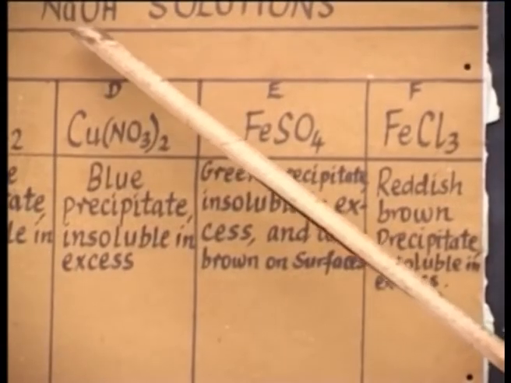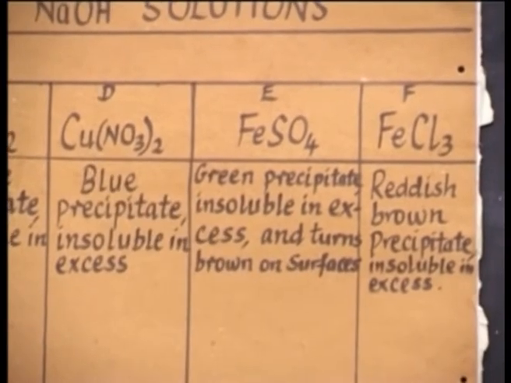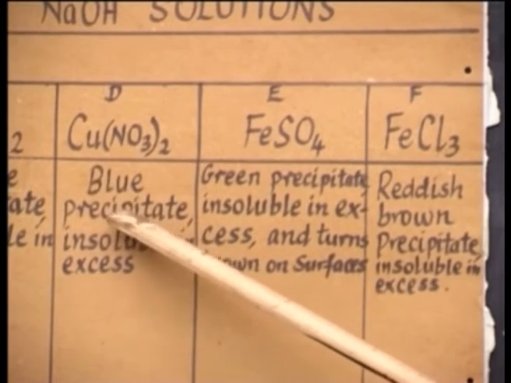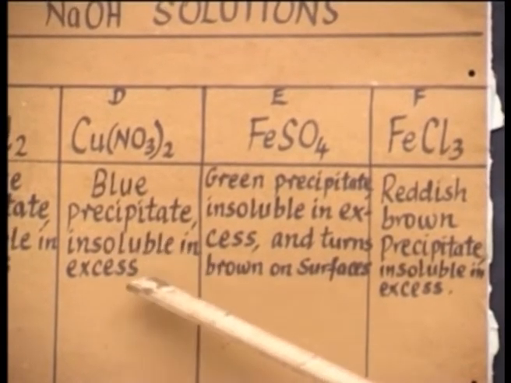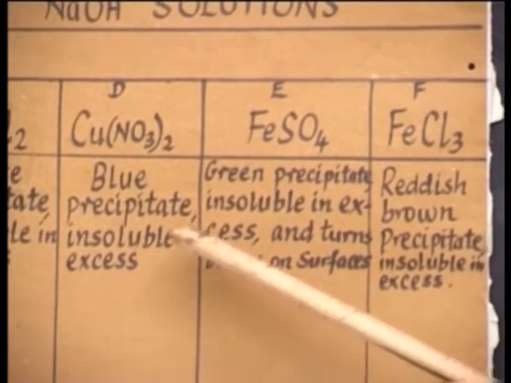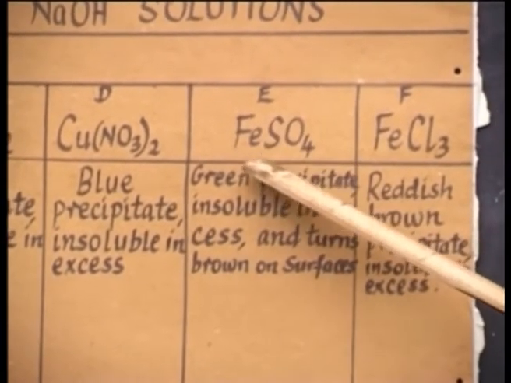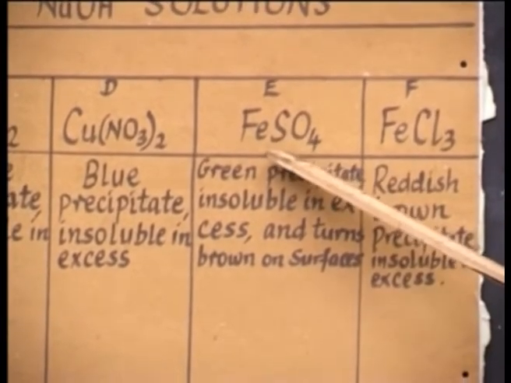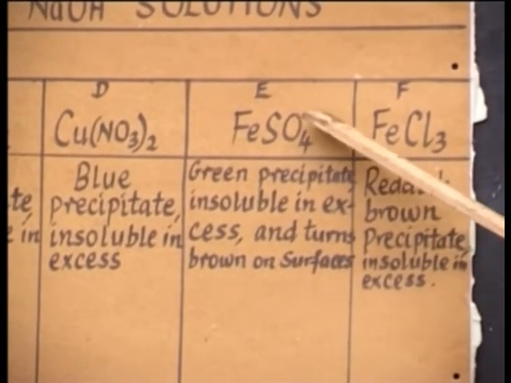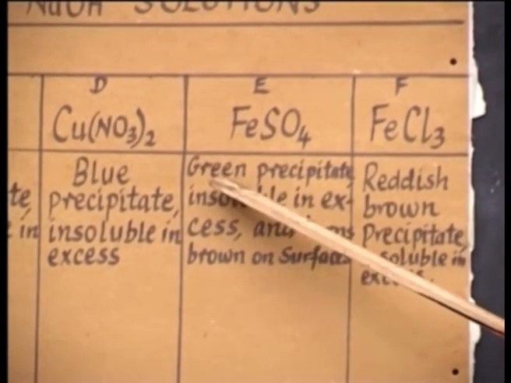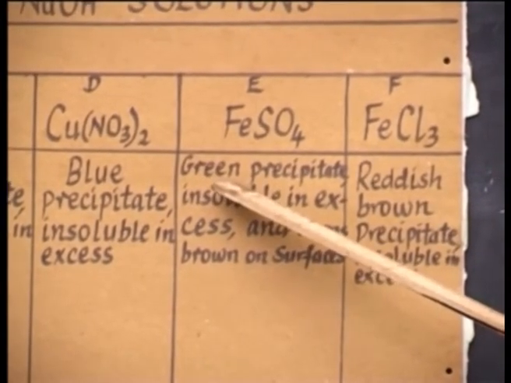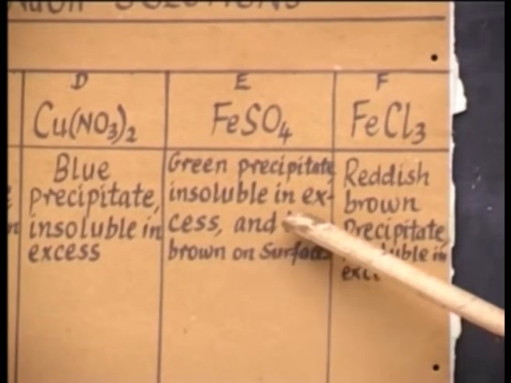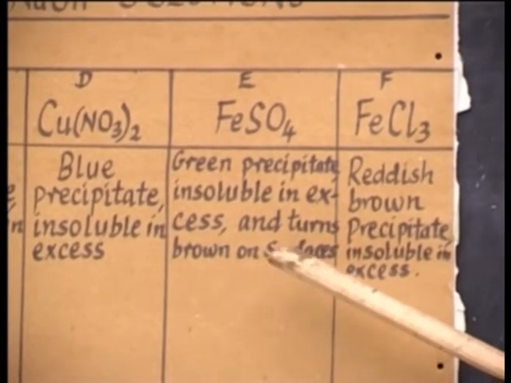When you add sodium hydroxide to copper nitrate solution, there is a formation of blue precipitate insoluble in excess. In addition of sodium hydroxide to iron 2 sulfate solution, there is a formation of green precipitate insoluble in excess and turn brown on the surface.